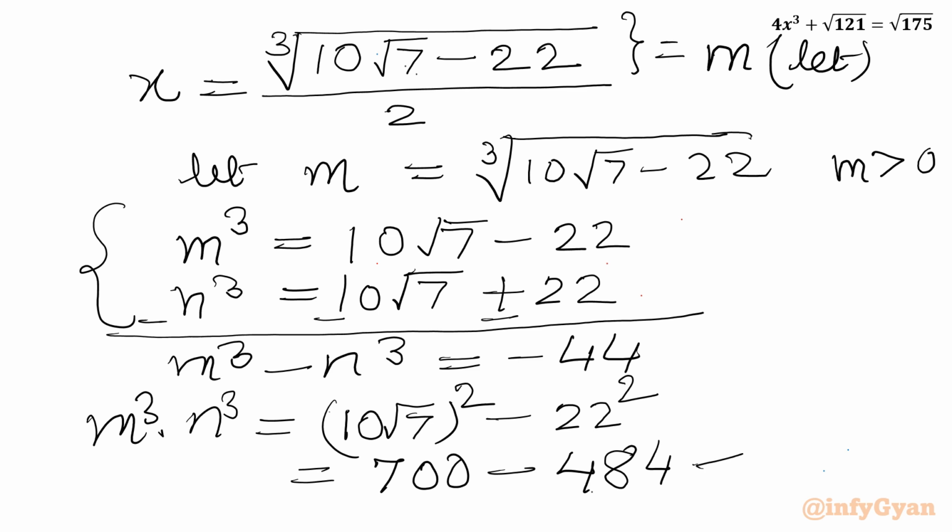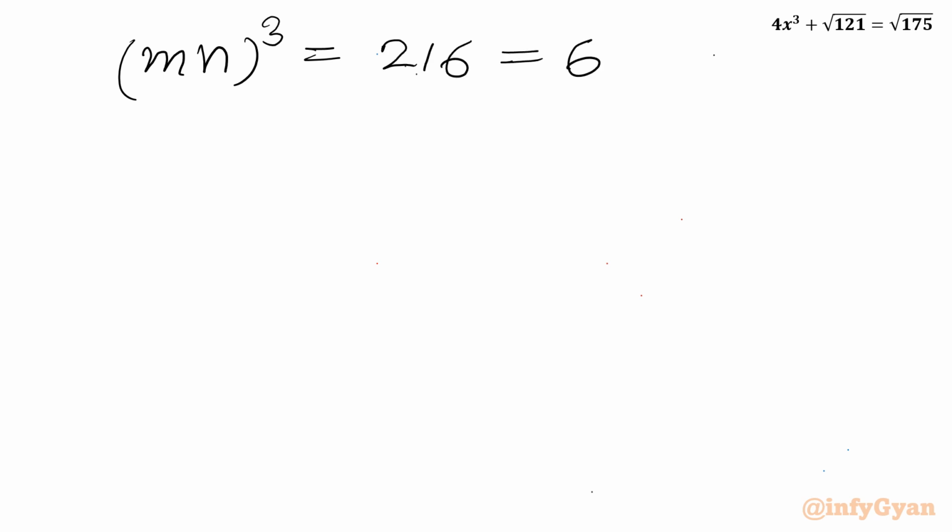So this will become 216. Let me write here mn whole cube equal to 216 equal to 6 cube. After taking a cube root both sides, we'll have mn is equal to 6.